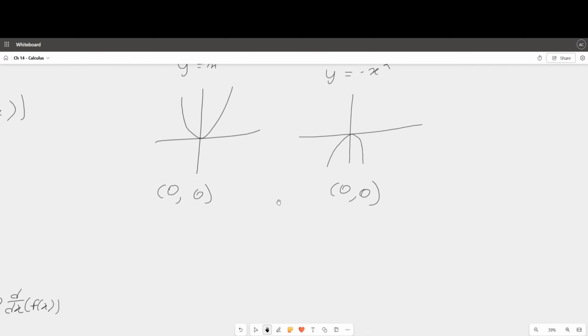So how do we know which is which? Well, that is where we use the second derivative. So the second derivative of x squared will be the derivative of 2x, which is just 2 by the power rule. X times 1 is 2, 1 minus 1 is 0, x to the power 0 is 1, so we're left with 2. Similarly here, it will be negative 2.